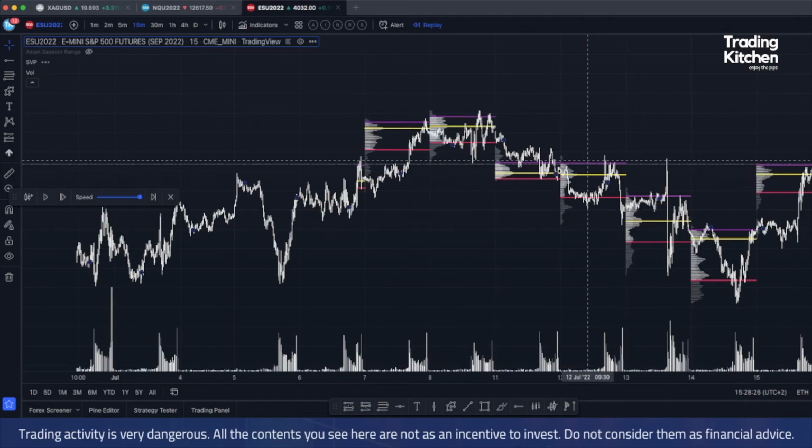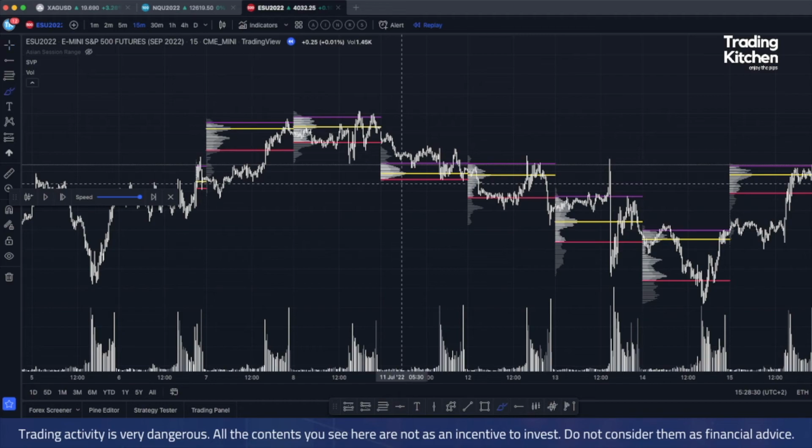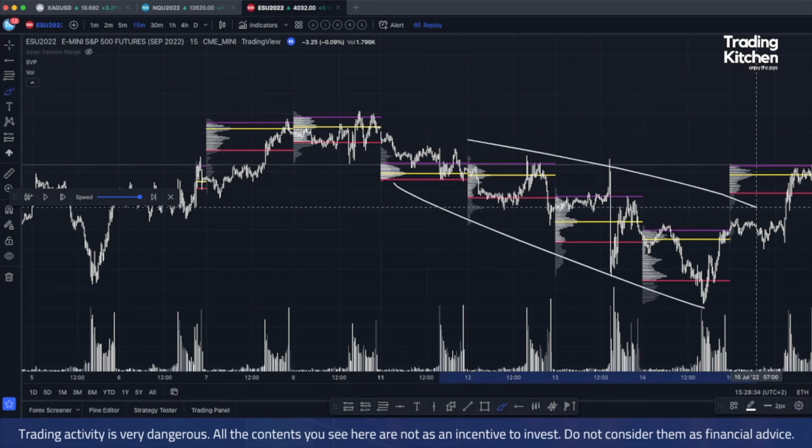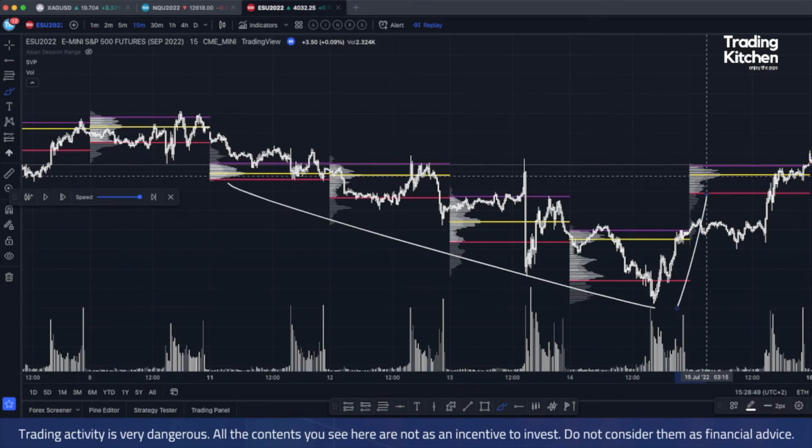This is the same thing. We have a strong bearish trend, where if you see, all the volume area and the POC are decreasing. Then we have a strong movement and the POC is now bullish, because basically it broke this structure and this structure as well.